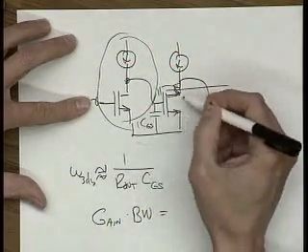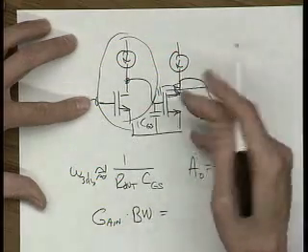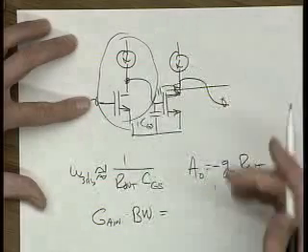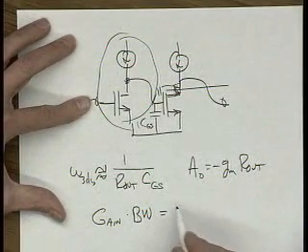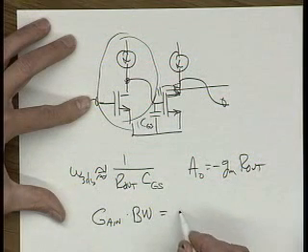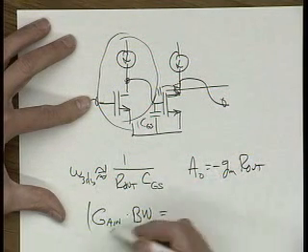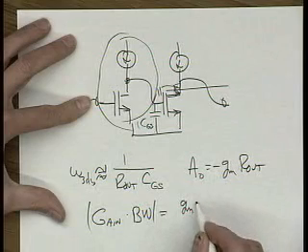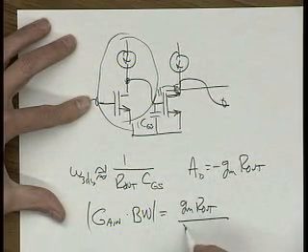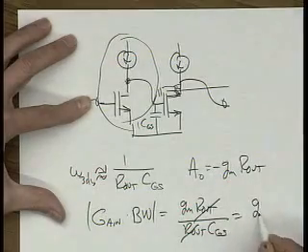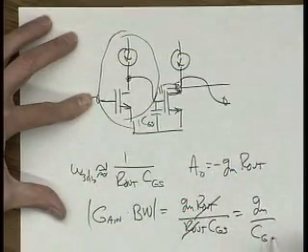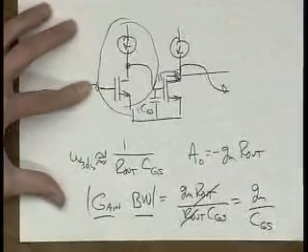Of course, I put in that cascoding to make sure I didn't get the extra Miller capacitance, so I've fixed the stage up so it's a pretty good one. Taking magnitudes, we get GM R out over R out CGS. So I end up with GM over CGS as the gain bandwidth product.